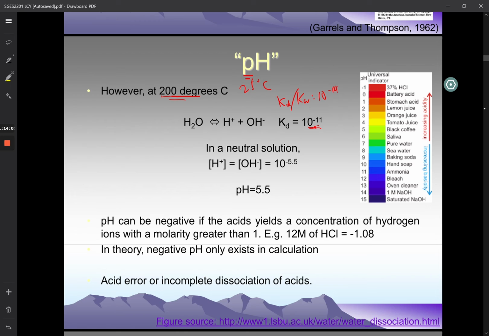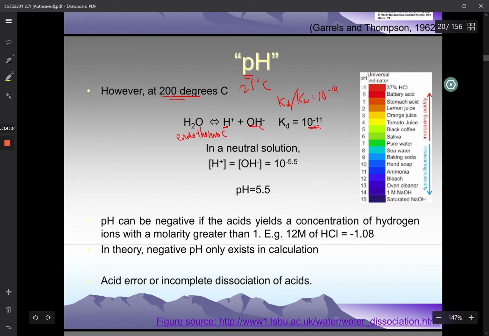Actually this involves the chemical reactions, the dissociation of pure water. The formation of hydrogen ions and hydroxide ions from water is an endothermic process.